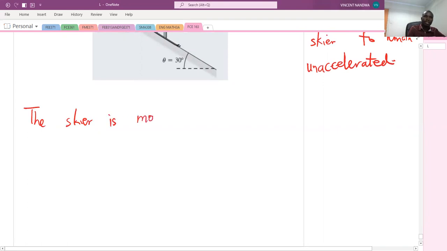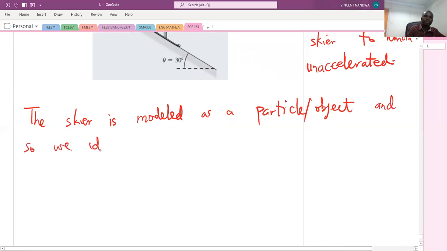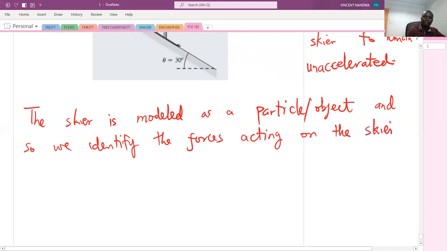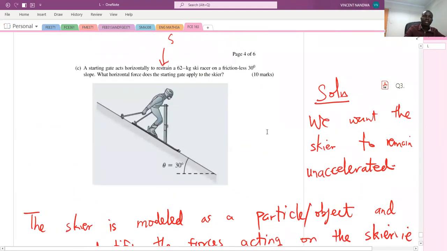So the skier is modeled as an object, and we identify the forces acting on the skier, i.e. now this person, there are three forces acting on him.